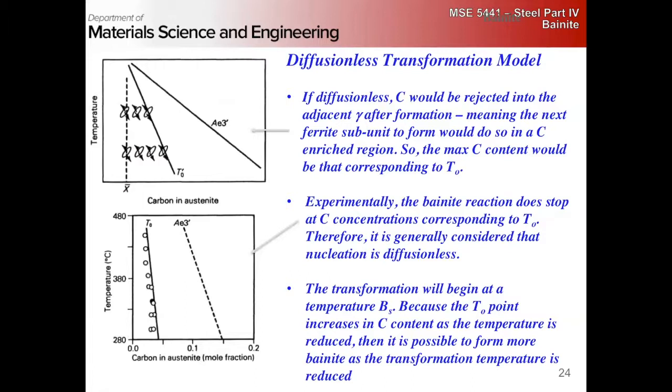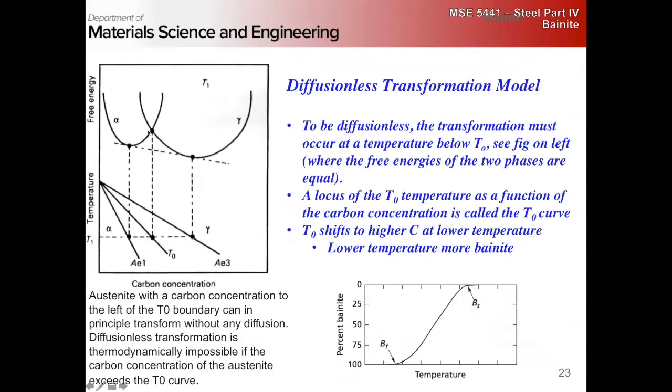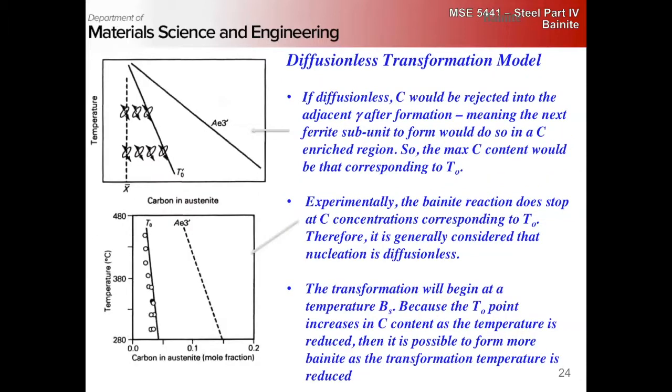And as the sheaf grows and more subunits go out, the carbon content outside of that region gets to a point where our concentration is now past this point, and the next sheaf that would nucleate would have to increase its free energy for that particular carbon concentration, right? And so essentially, this is what we see. Experimentally, the bainite reaction does stop at carbon concentrations corresponding to this T0 line, right?